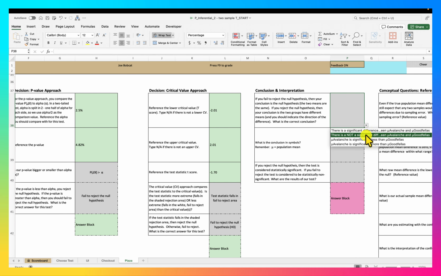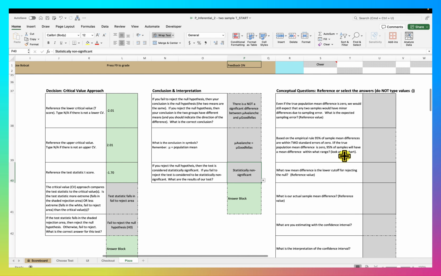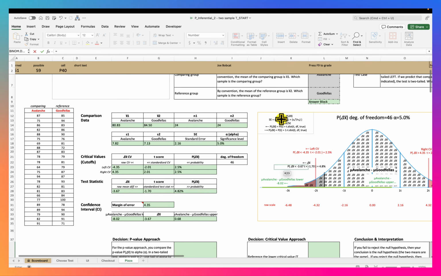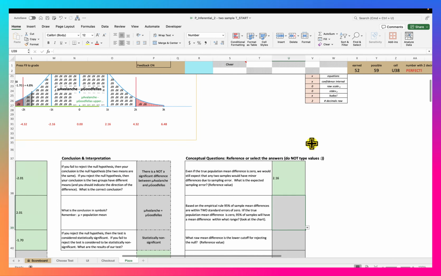And so there's not a significant difference, which means their tastes are equal, or equally good, I should say. And so the difference is statistically not significant. And the sampling error is pretty high.